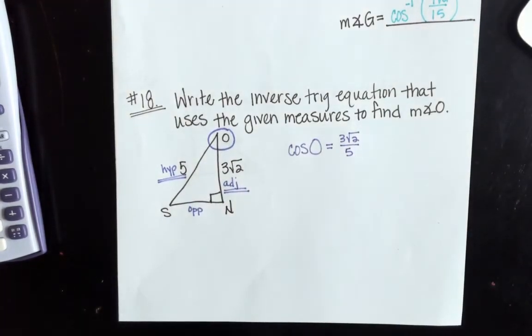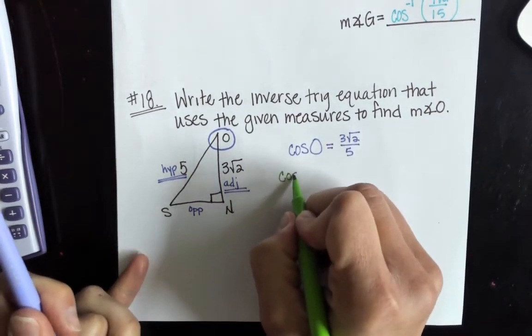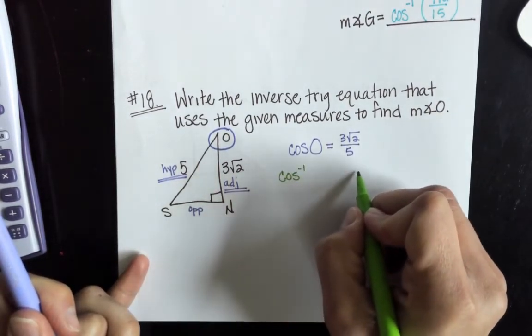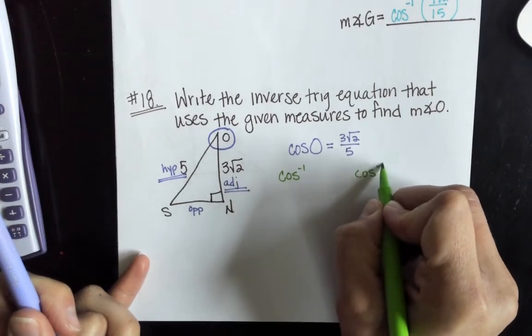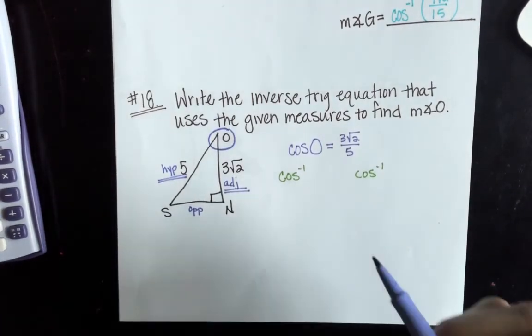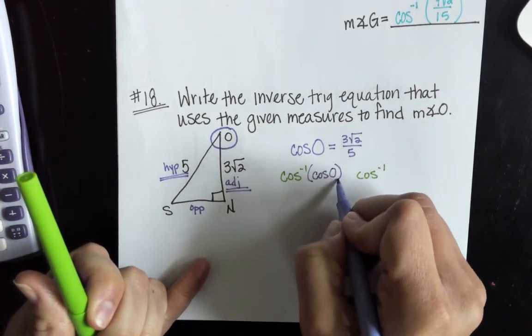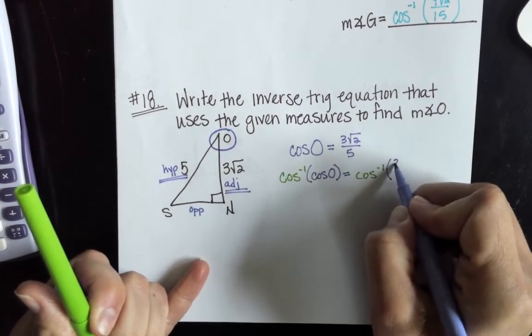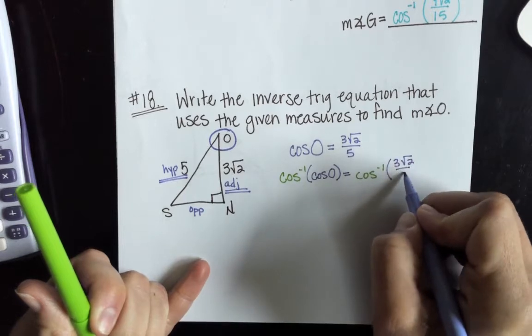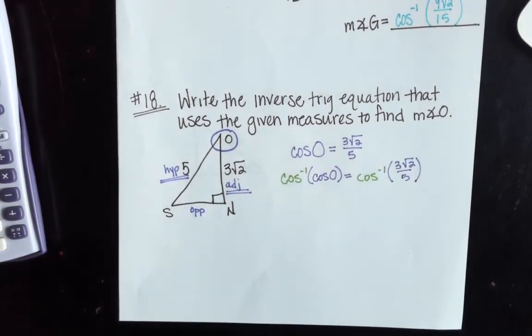If we're writing the equation, what we're trying to do is, again, just like you saw on our practice from Wednesday, we're looking to apply that inverse cosine to each side. And it didn't ask us to actually go to the calculator and solve this.